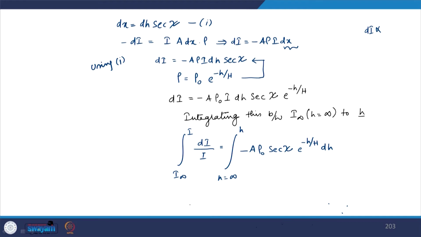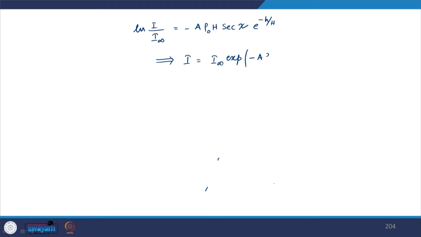So getting this, we will get ln of I between the limits I infinity to I is equal to minus A rho naught secant chi e to the power of minus h by H into minus H from infinity to the height h.